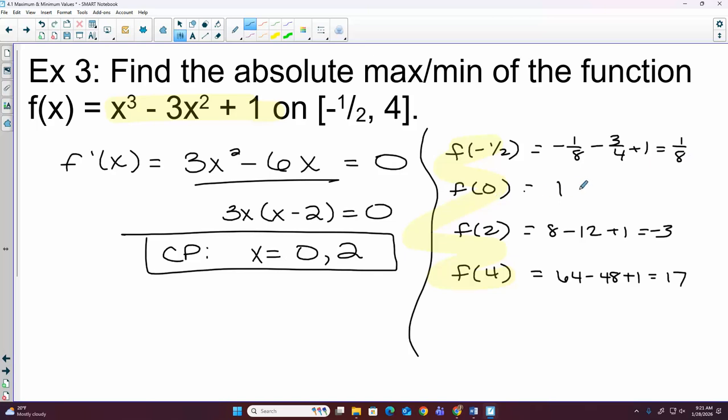When I put in 0, I got 1. 2 gave me -3, and 4 gave me 17. All right, so can you look at this and tell me which one's my absolute max?